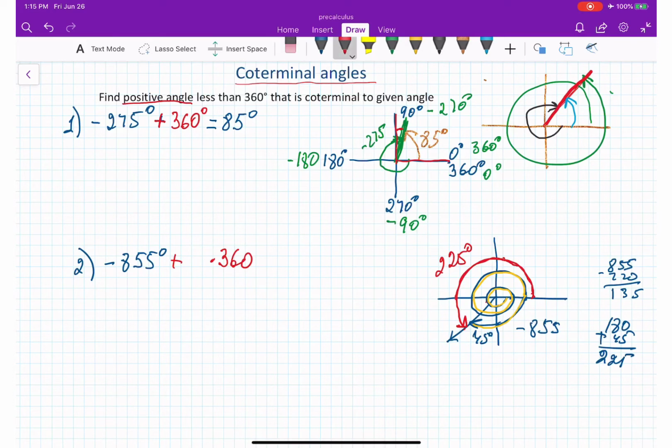Remember, I had to rotate 2 and something times. So 3 times. It's going to equal negative 855 plus 1080, right? And the answer is going to be 225 degrees. And indeed, we get precisely what we were looking for. Okay.